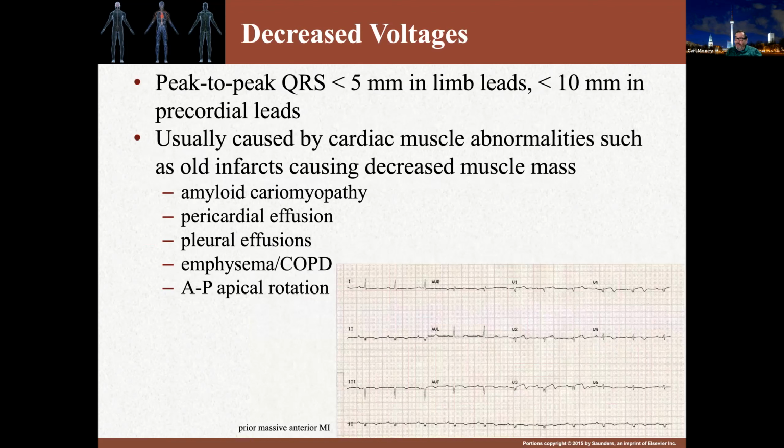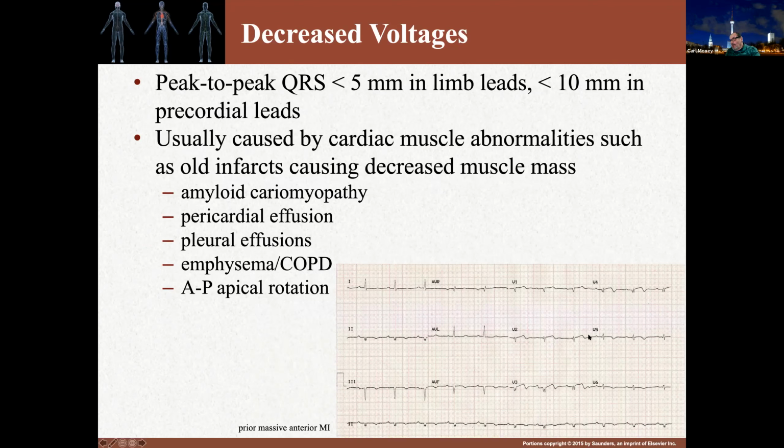This is an EKG tracing with decreased voltage. If the peak-to-peak QRS is less than 5 millimeters in the limb leads, and less than 10 millimeters in the precordial leads, then we have a decreased voltage.